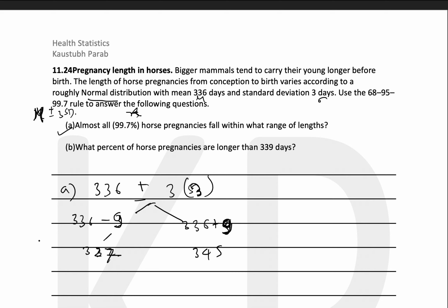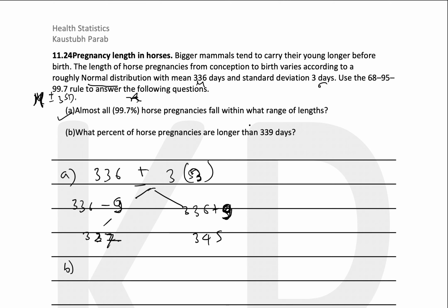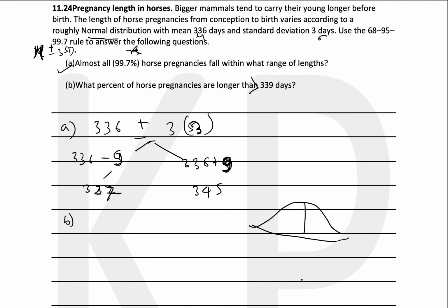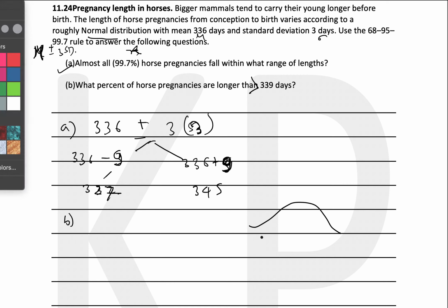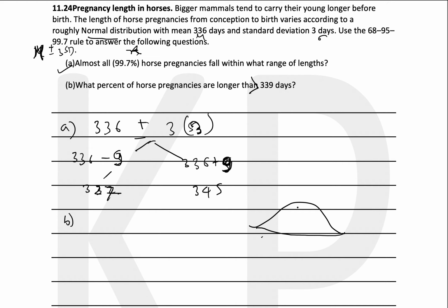Now the B part is asking us what percentage of horse pregnancies are longer than, so greater than, 339. So if you draw the diagram with the mean, we just have to fairly draw it symmetrical. We know that the mean is 336, standard deviation is 3 days, and we are looking for 339.